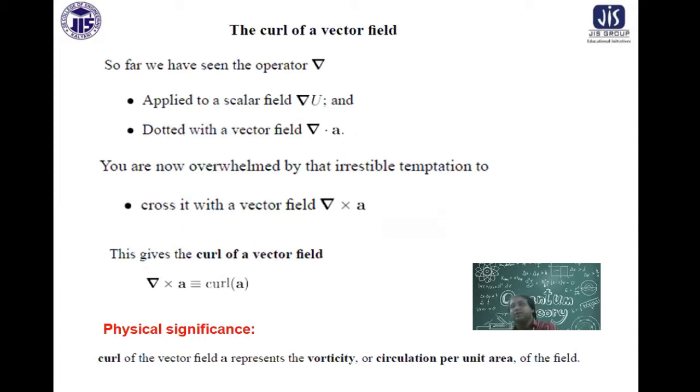There is always some sort of vorticity. Few days back, there was a big storm called Amphan. There was a lot of vorticity, cyclonic speed. That's a cyclonic storm. So what is a cyclone? The velocity vector of the cyclonic storm was actually rotating. So that's why it's a cyclone.